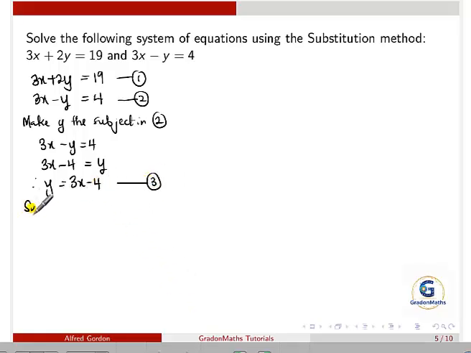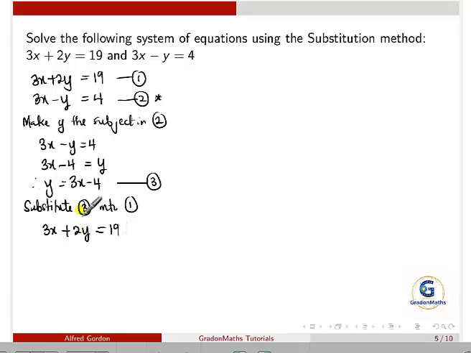Now we substitute equation 3 into equation 1, since we chose equation 2 to work with and it is out. Equation 1 is 3x plus 2y is equal to 19.